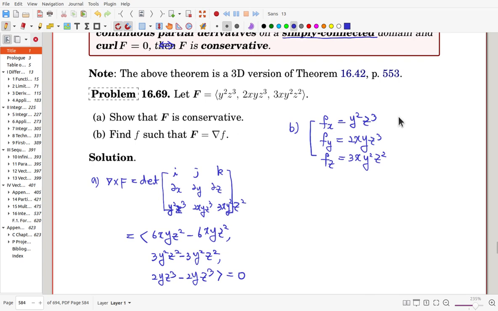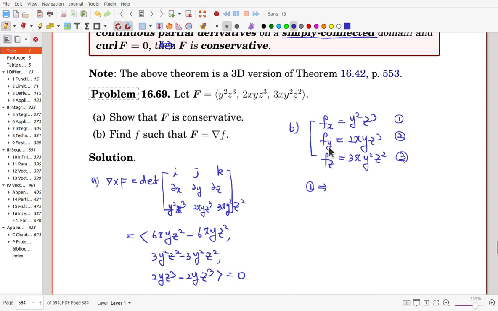Okay, let's say we number the equations 1, 2, 3. Now from 1 we do x integration. Our goal at this moment is to find f.